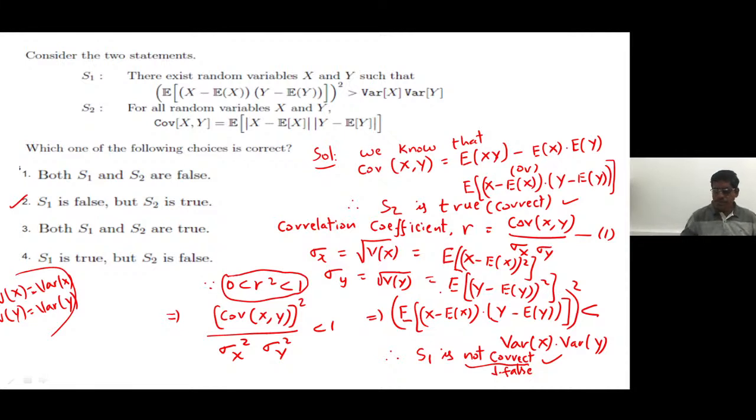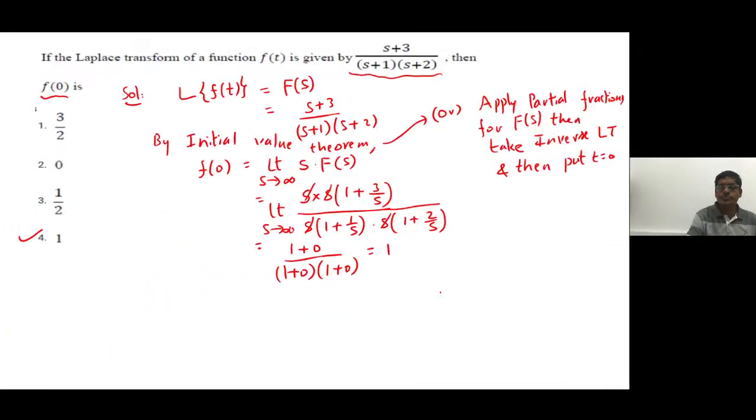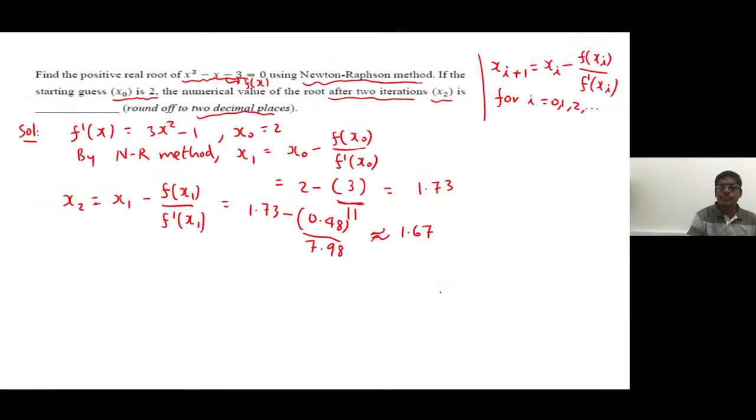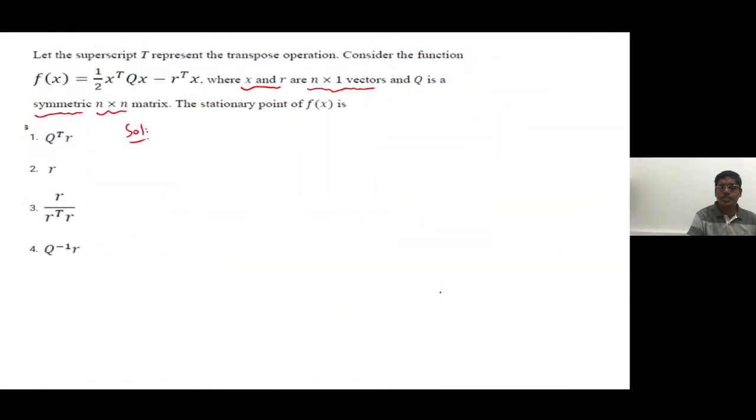Now another question. One hour back I told you, that is, I am moving to the previous slide. This one is also a computer science question. The superscript, the power, is usually a superscript. This is power T. T represents the transpose operation.